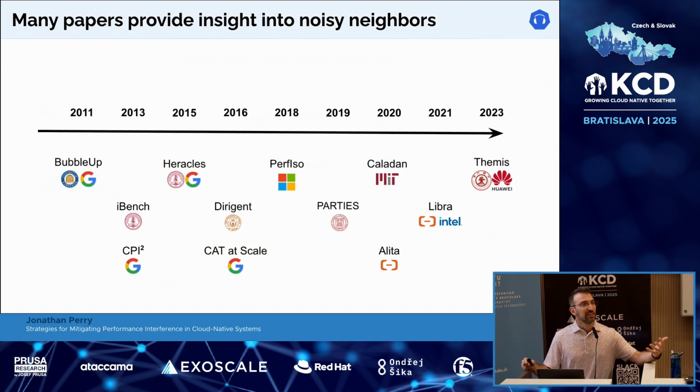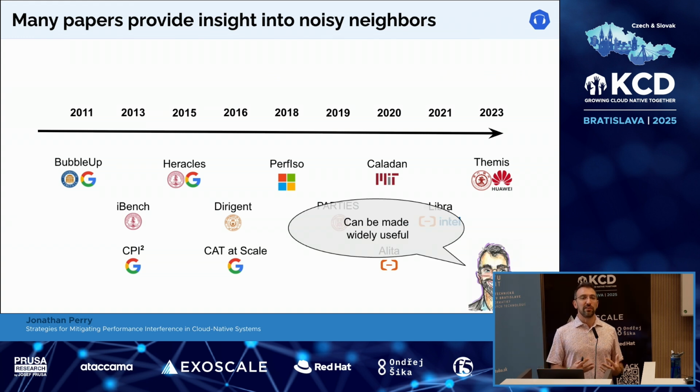Over more than a decade and a half now, there have been dozens of papers from hyperscalers and well-known research universities that explain research into noisy neighbors and how to mitigate some of it. And so I'm here because I think there's enough data out there that the Kubernetes community can benefit from this. We can create general purpose solutions for Kubernetes.